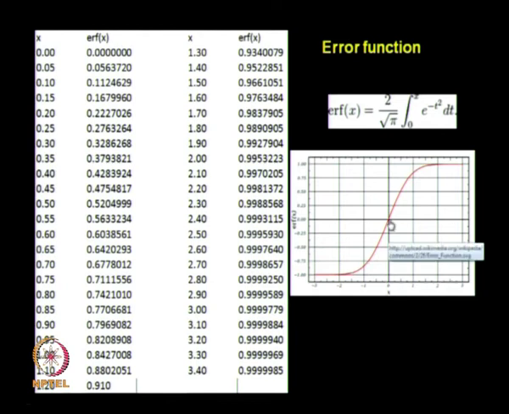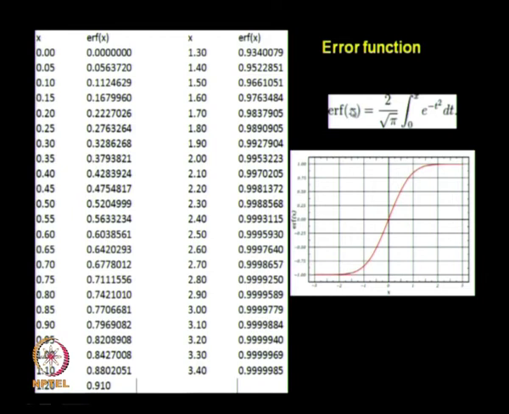So error function of this particular x will start from 0, it will rise and then it will saturate at the value of 1. Okay, so the error function of x is given by 2 divided by square root of pi integral 0 to x e power minus t square dt.